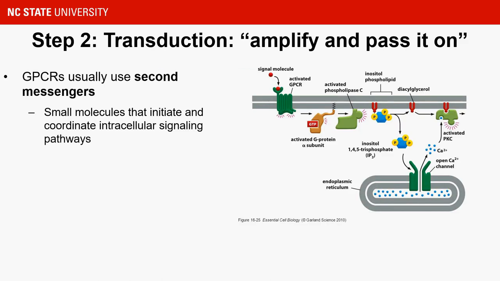After the GPCR perceives the signal, it needs to transduce that signal downstream. So the GPCR usually uses second messengers. Second messengers are small molecules that initiate and coordinate intracellular signaling pathways. In this case, the signal molecule, which is a ligand, combines with the GPCR and then can activate the downstream small G protein.